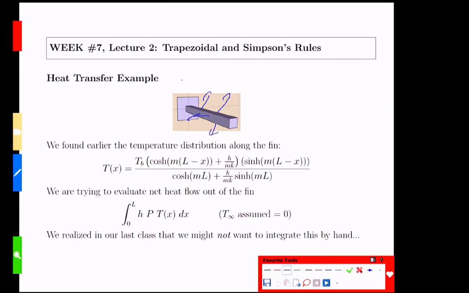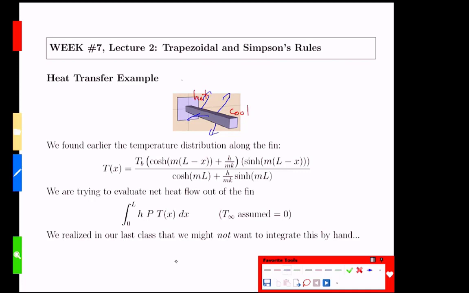The challenge is that the energy you lose is driven by temperature differences, and that is not the same as you look along a fin like this. You have cooler bits at the tip and hotter bits at the very base where the heat's coming from, so it becomes a fairly complicated thing to decide how much heat is going to be radiated, because the temperature difference is not constant as you move down the fin.